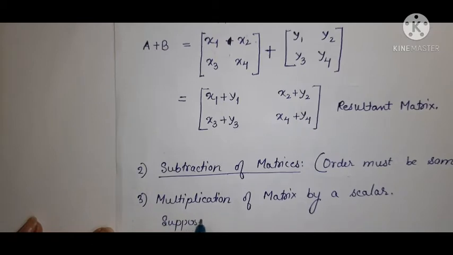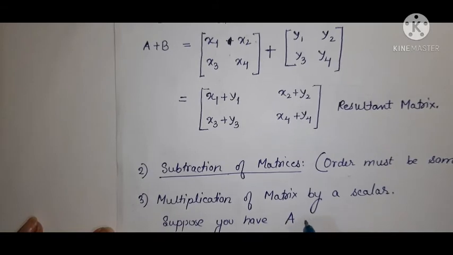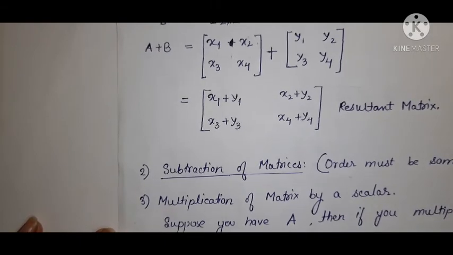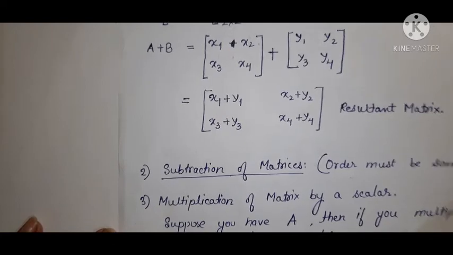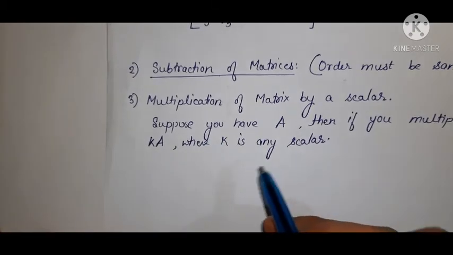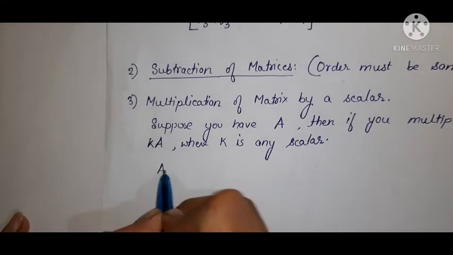Suppose you have a matrix A, then if you multiply K with A, where K is any scalar, but the thing is how you will multiply K with A, because A has various number of elements.